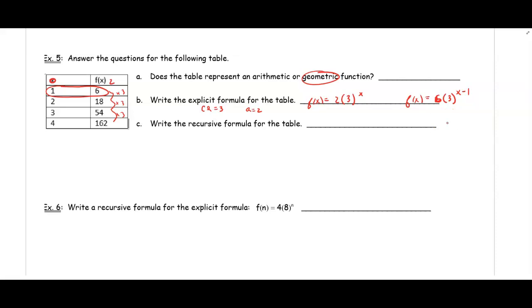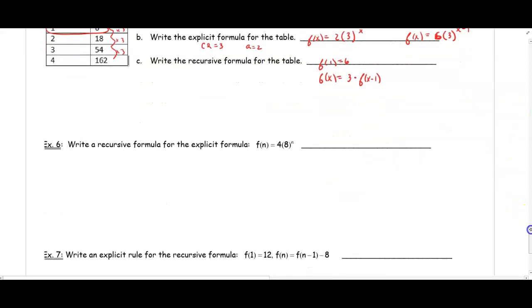So with the explicit rule for these exponential functions, it's actually easier to go back and find the 0 term, the value of y when x is 0. The recursive rule: f of 1 equals 6. Then f of x equals 3 times my previous term, f of x minus 1.